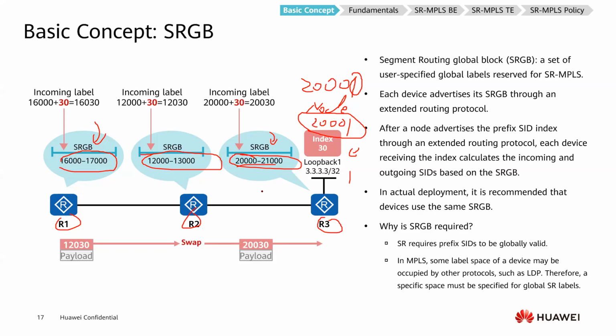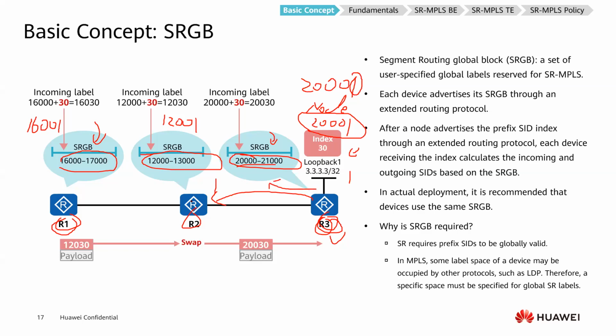So R3 will tell R2 that to go to me, the index is 1. So R2 will think the R3 node segment is 12,001. And R1 thinks that going to R3, the label will be 16,001. You guys got the idea, right? I only send out the index.